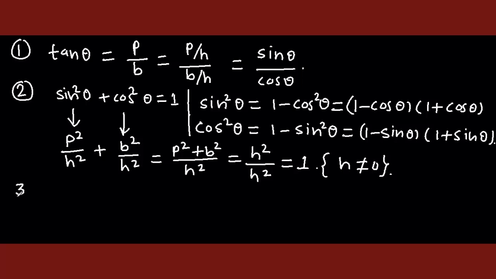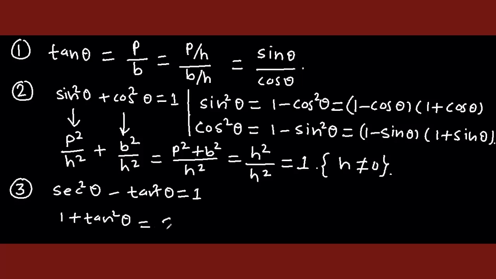Now, third one is secant square theta minus tan square theta is equal to 1. Or you can write this as 1 plus tan square theta is equal to secant square theta. Okay?